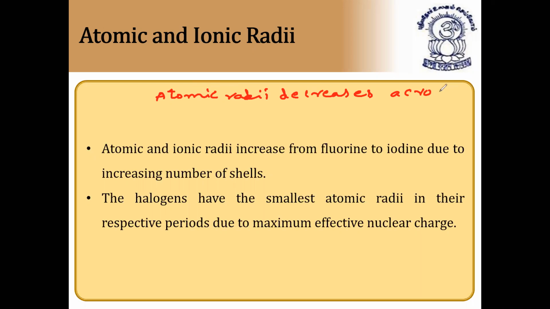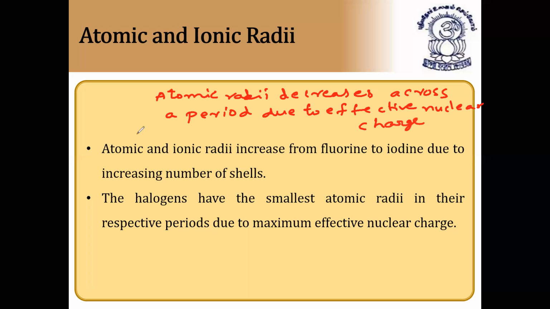Down the group it increases, but across a period, from left to right, for any period from the second to the seventh, atomic radii decrease due to effective nuclear charge, because more electrons are added in the same subshell. That's why in the second period we have fluorine, in the third period chlorine, and so on. So the atomic radius across a period decreases. I hope it is clear.